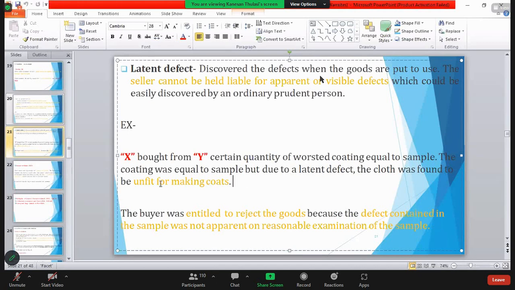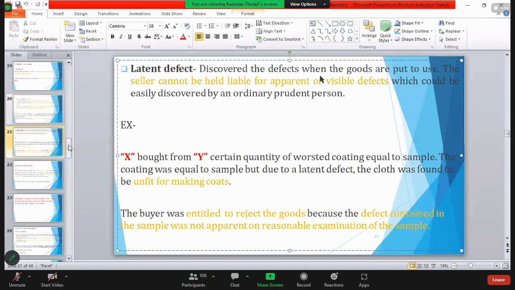By using the material, you can't manufacture a coat, but the seller had told him this was a material from which you can manufacture the coat. Even in the sample, on the very first examination, you understood that the material was very good for making the cloth. After you started to use it, you understood that the cloth material was unfit for manufacturing. So the buyer was entitled to reject the goods because the defect contained in the sample was not apparent on reasonable examination of the sample.